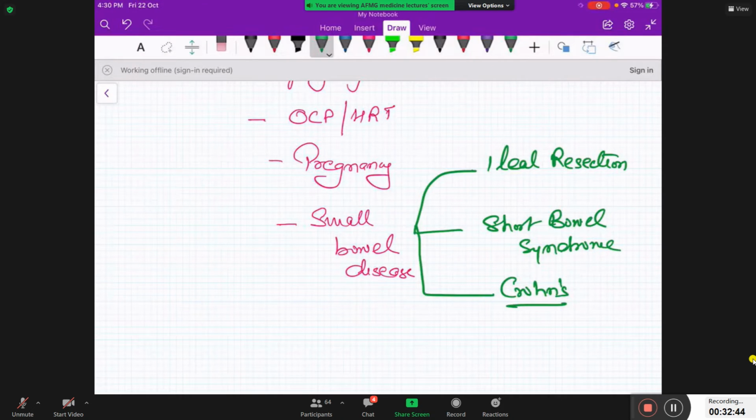Why does supersaturation happen? Less absorption of what?